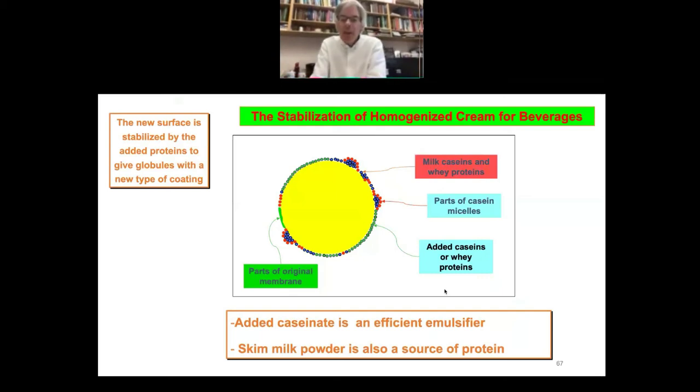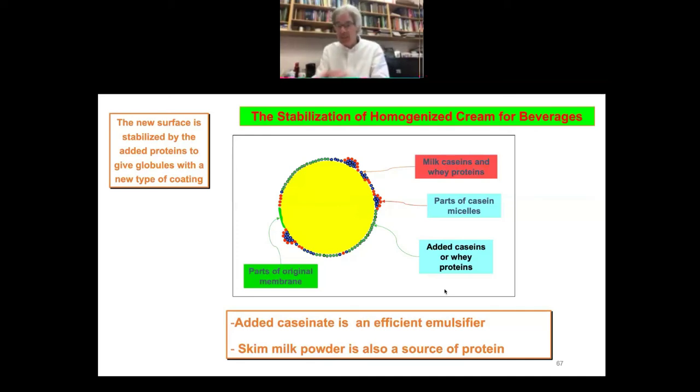So the stabilization of homogenized cream now is going to depend on the phase volume of fat that's in the cream and the amount of protein that's there, because we can very soon get into a situation where protein becomes limiting.